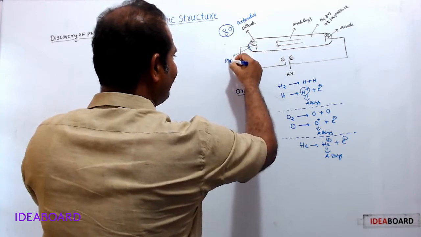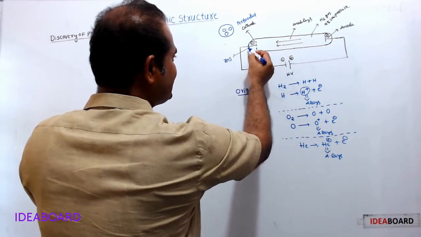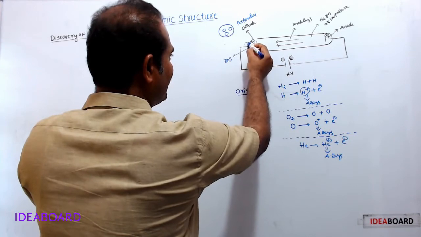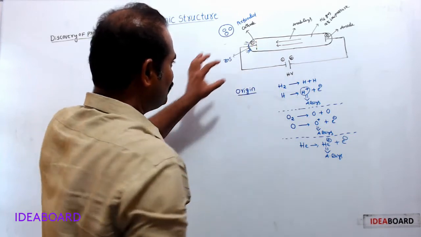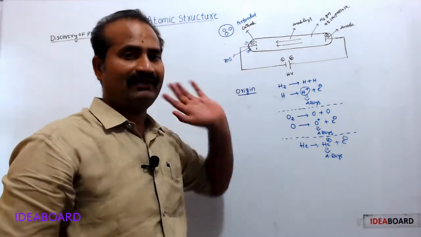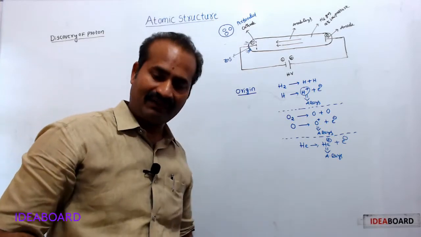When the anode rays hit the inner walls, flashes appear. So by observing these flashes, we can detect the anode rays. Now we will see the properties of anode rays.